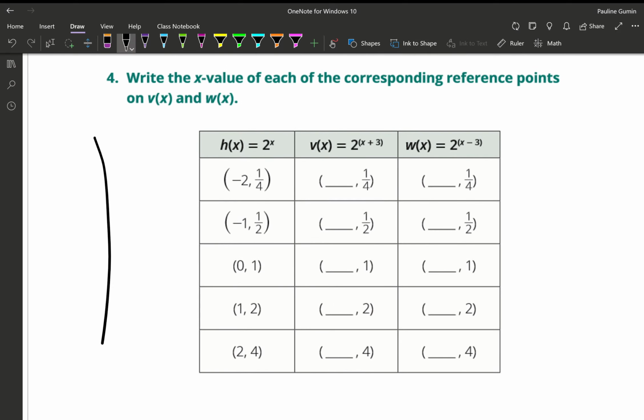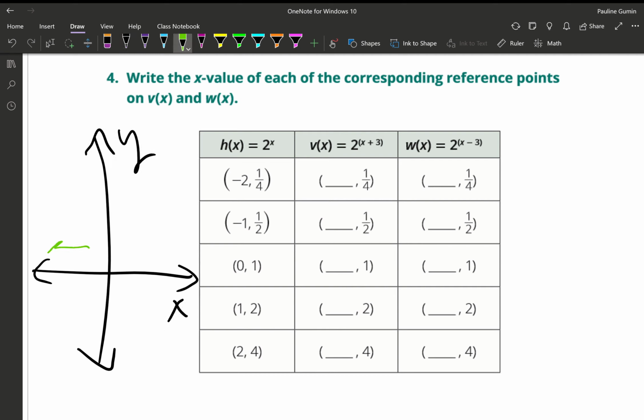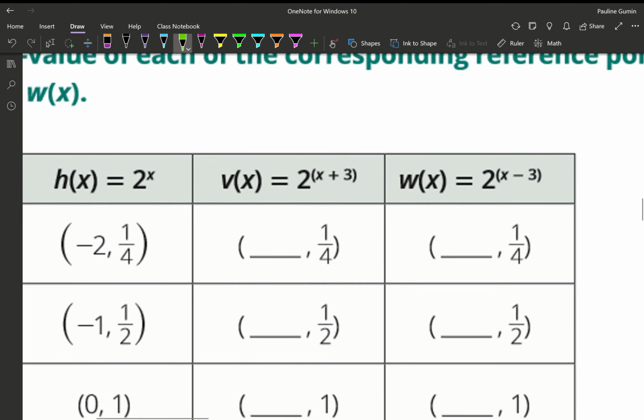Now, when we are moving left or right, let me draw this little graph here. When we're moving left or right, what's changing, the x's or the y's? The answer is our x's. Now, this looks so weird because the plus 3 here, it's actually moving to the left. So we need to subtract 3 when we do this one.